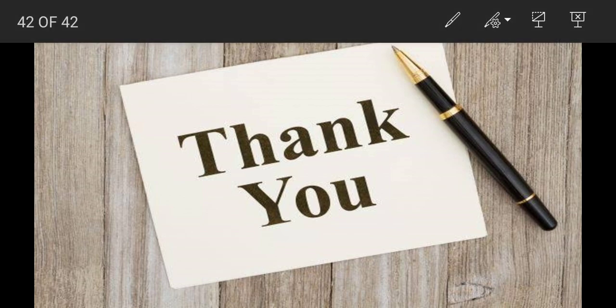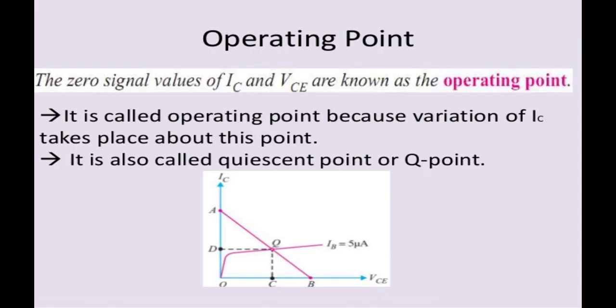Lastly, we revise this once again. In yesterday's lecture we saw the BJT transistor: why it is called a bipolar junction transistor, how it is formed, which materials are used, and how many terminals. It is an NPN or PNP semiconductor material device with 3 terminals: collector, base and emitter.